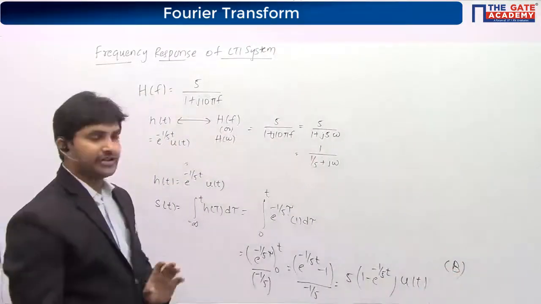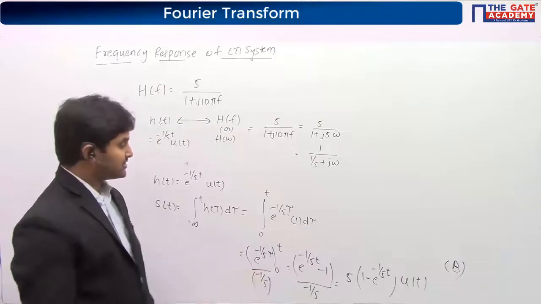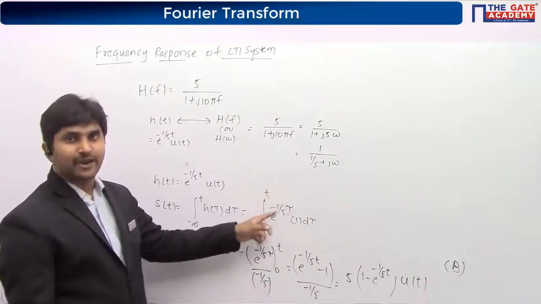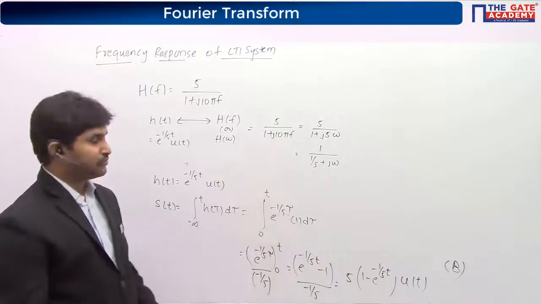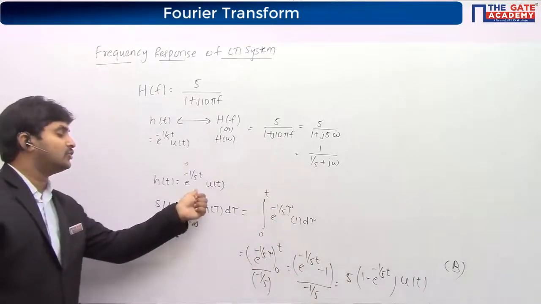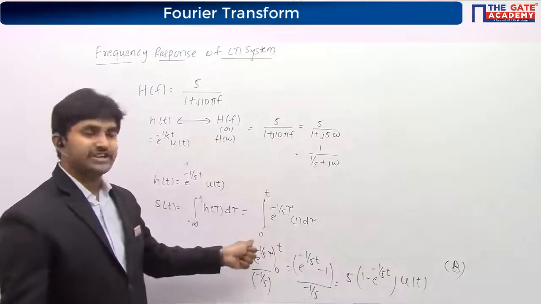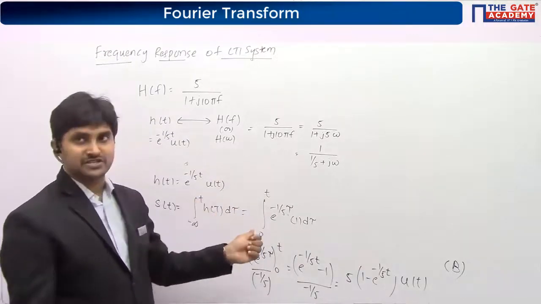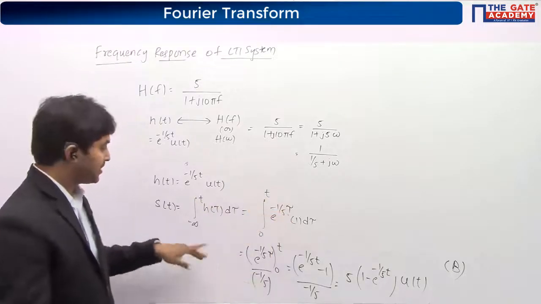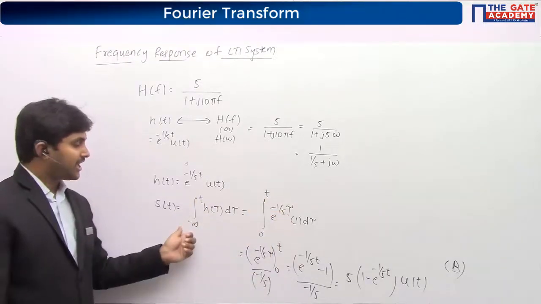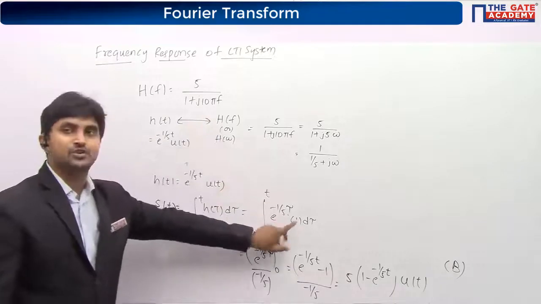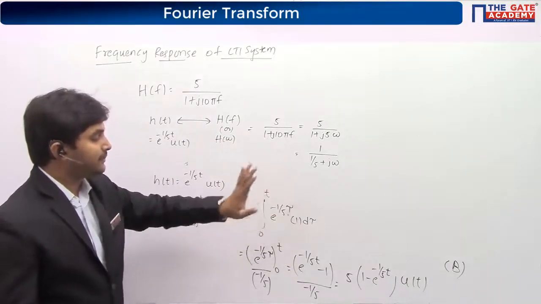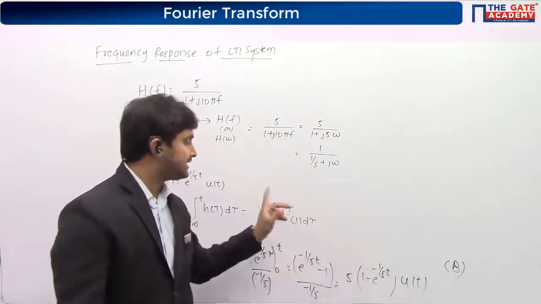Why have I put u of t? I have put u of t because here I have blindly considered t as positive. When I have taken the integral from minus infinity to 0 to t, I have done so because I am considering t to be positive. If t is negative, u of t is going to be 0, so the answer is applicable only when t is positive.